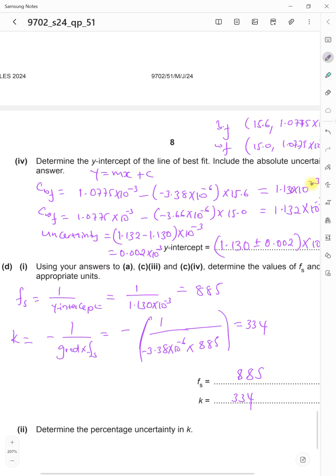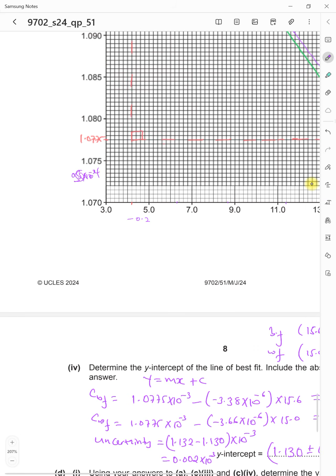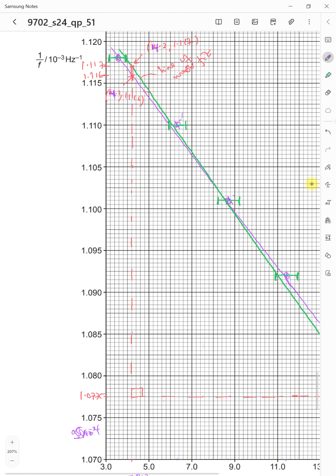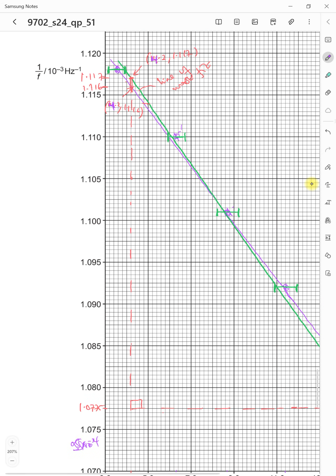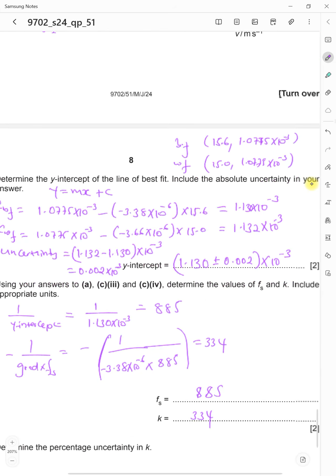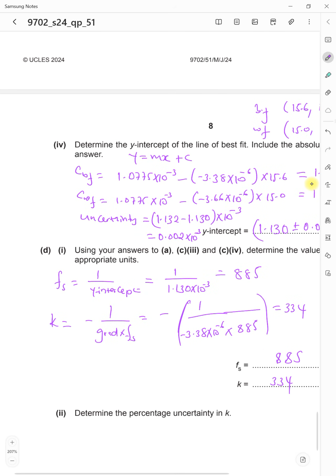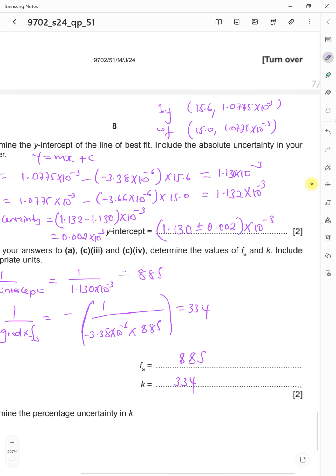So the y-intercept on the y-axis, what are the units? On the y-axis we have hertz power minus 1. So the y-intercept is hertz power minus 1. So you have 1 divided by hertz power minus 1, which is going to be equal to hertz. So fs is going to be in hertz.